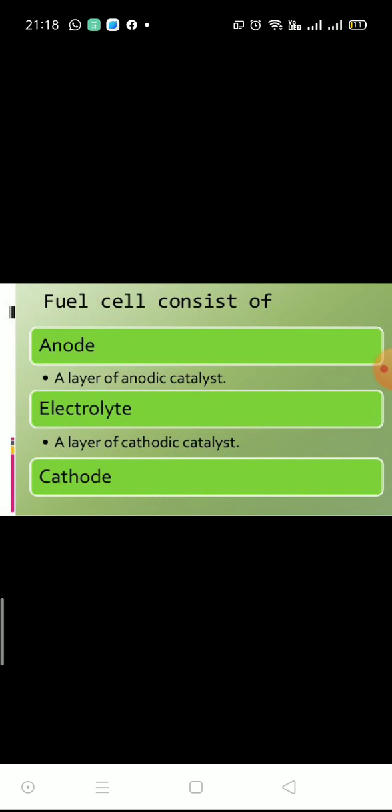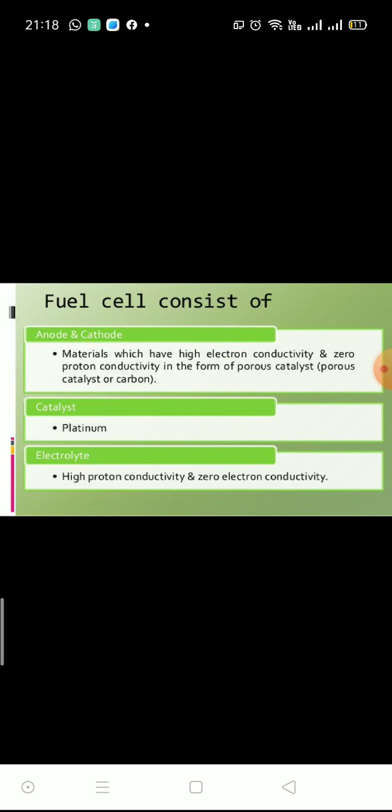In all the cells, we have one anode, one cathode, and electrolyte in between anode and cathode. Similarly, in fuel cell also, we have an anode, which has an anodic catalyst, electrolyte, and a cathodic catalyst at the cathode. So three things which are very important in each cell are anode, cathode, and electrolyte filled in between the two.